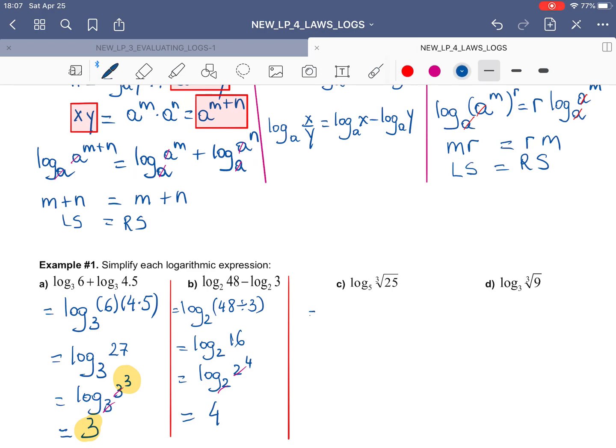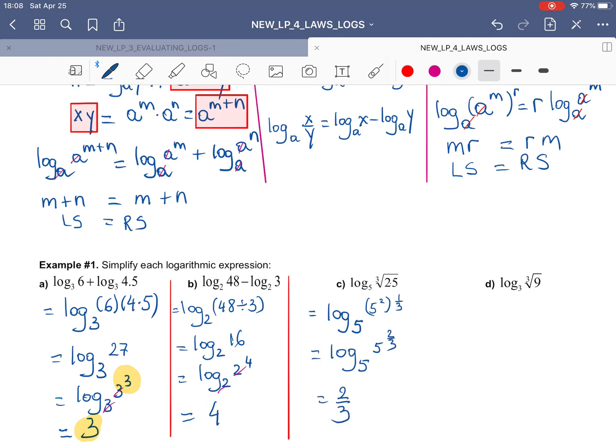So I'm going to rewrite this as log with base 5 of 25, which can be written as 5 squared, everything to the power of 1 over 3. So that's log with base 5 of 5 to the power of 2/3, and that would equal 2/3.